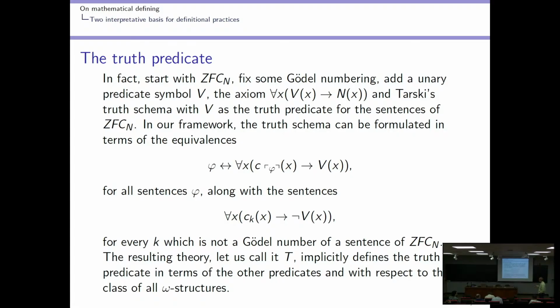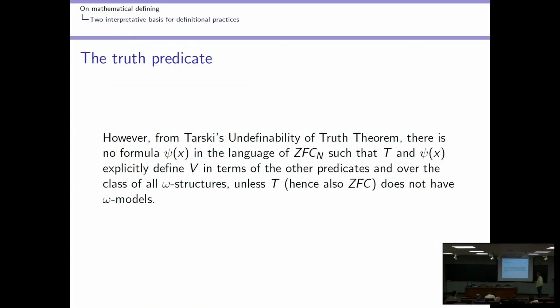So we have an implicit definition of the truth predicate, and this truth predicate does not allow an explicit definition, even in the omega logic setting, because an explicit definition here leads to, we can show, the same Tarskian argument shows that it leads to a contradiction.